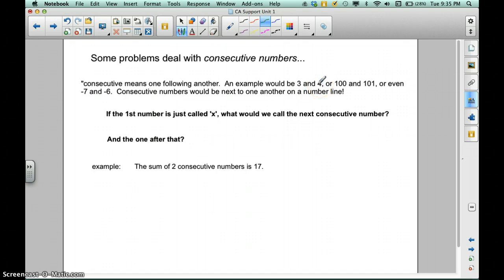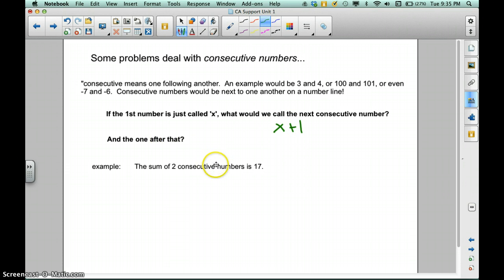I hope you said you add 1. And isn't that true of every number and the next consecutive number? To get from 100 to 101, don't you add 1? Or even to get from -7 to -6, you're moving 1 over on the number line. That's adding 1. So the next consecutive number after x is x plus 1.